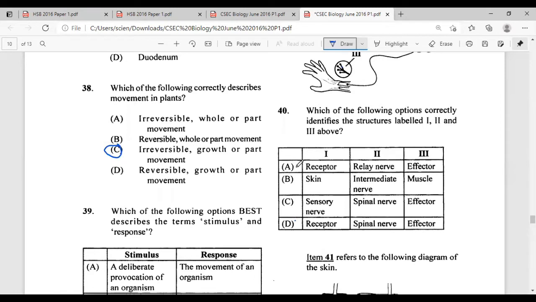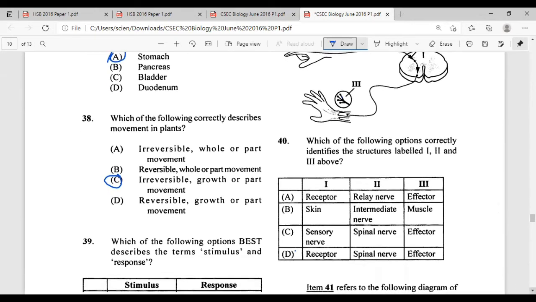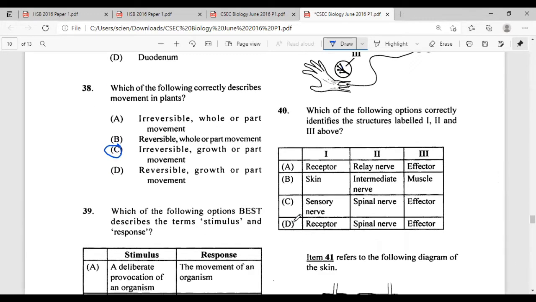So now we're stuck between A and D. So is 2 the relay nerve or is it the spinal nerve? Let us go back again. So looking at the diagram, 2 would definitely be the spinal nerve. So the answer would definitely be D.